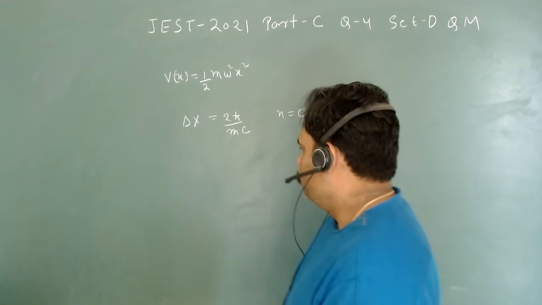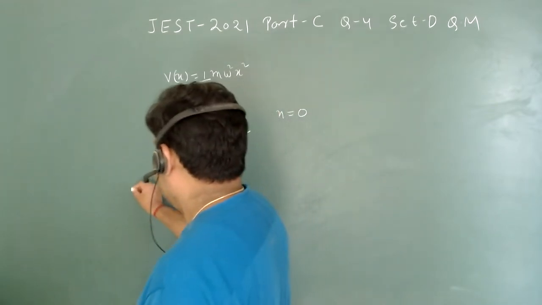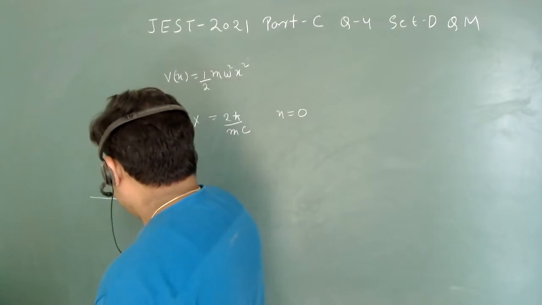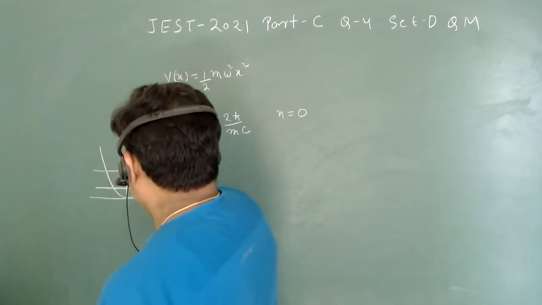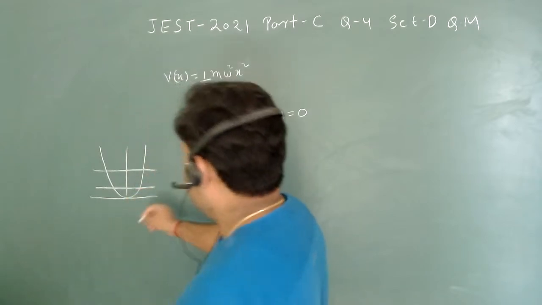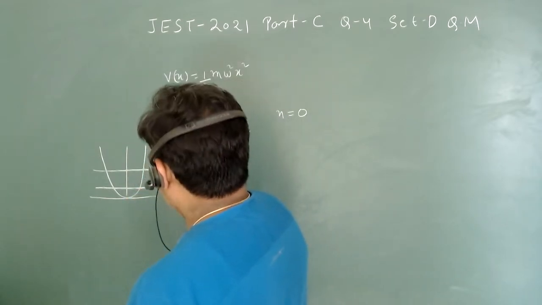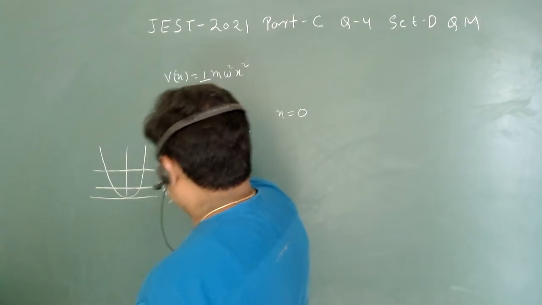And what we have to do is find how much energy. Suppose this is my oscillator. This is the ground state, this is the first excited state. The energy for the ground state is obviously h cut omega by 2, and the energy for the first excited state is 3 by 2 h cut omega.